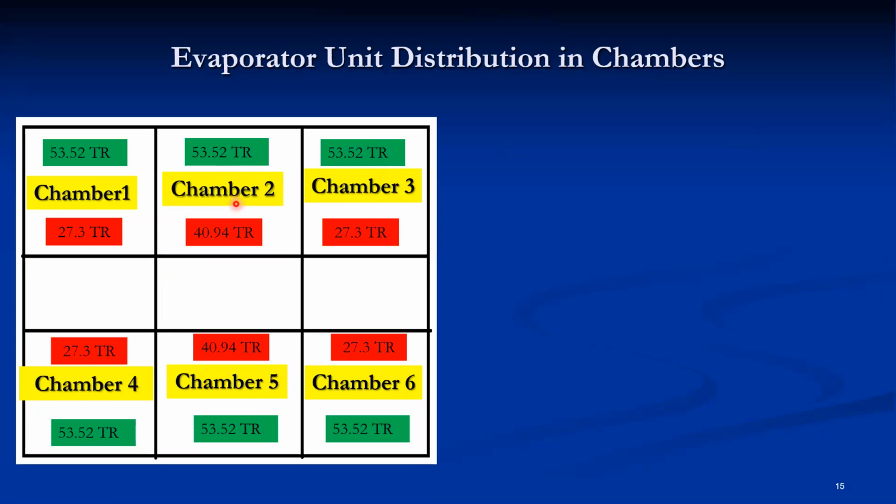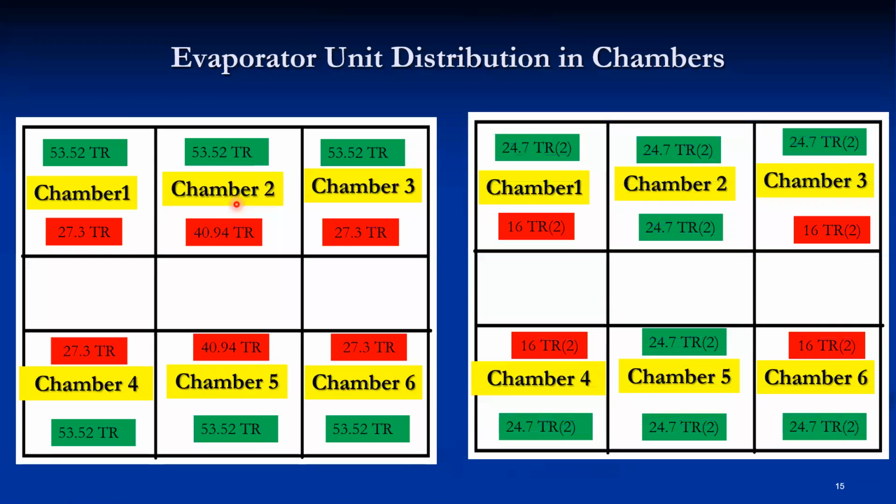So to meet this requirement, these are the models selected: 24.7 TR, 16 units. For each chamber to meet this load, already 2 units, so 12 units here, and in the middle two also 2 units each, so 16 units for model 1, and only 8 units of model 2 of 16 TR, which is especially used for pre-cooling of chambers 1, 3, 4, and 6.